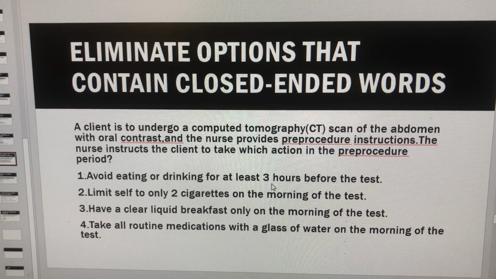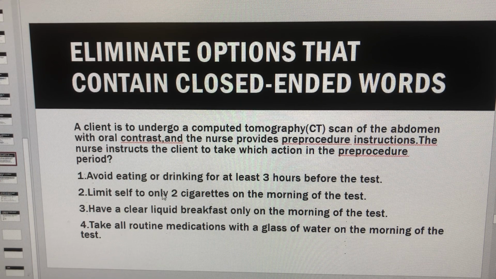Note the closed-ended words only. "Only" in options 2 and 3, and "all" in option 4. Eliminate options that contain closed-ended words because these options are usually incorrect.